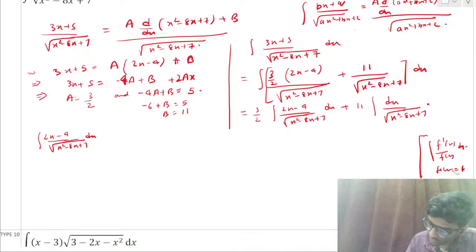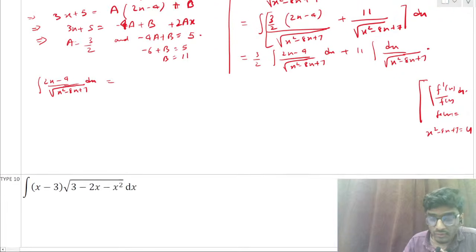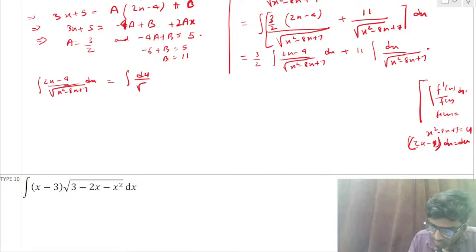In the same way, we take x square minus 8x plus 7 as u. What will we get? 2x minus 4 dx is equal to du. We are left with du upon under root u.